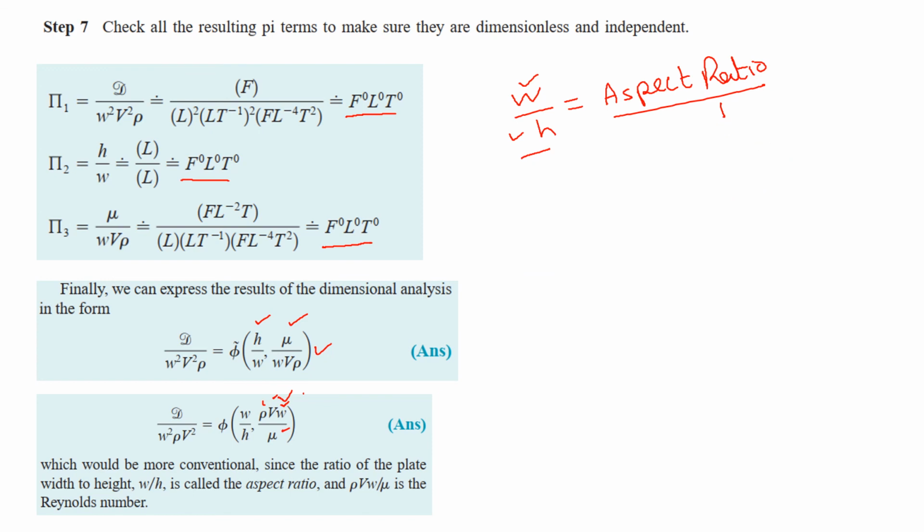Now let's write this final answer in the form of an equation so that we can make a little more sense of it, and see how we are going to calculate the drag force.